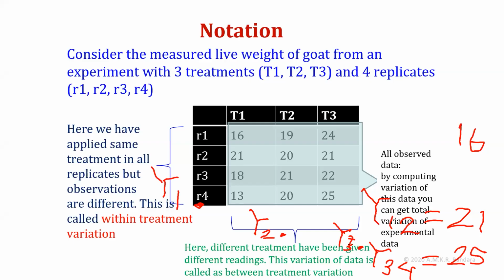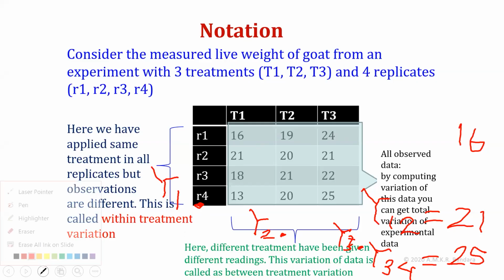If we want to represent the replicate totals, this is the first replicate: 16, 19, 24. If we sum up these three observations, it is the first replicate total.